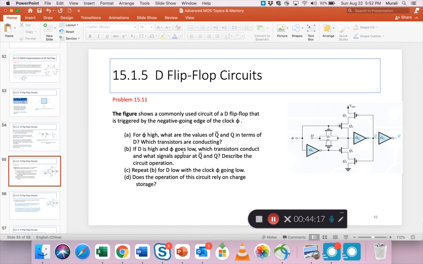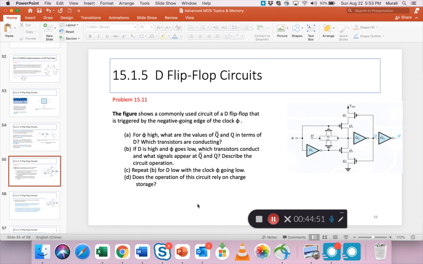So if phi is high, what is the output? If phi is low, then D can be high or D can be low, right? And we know that when phi is going low, we want D to transfer to Q. So the explanation for how this happens, also the last question, does this rely on any charge storage, or is it purely static sequential? And the answer is it's purely static sequential.